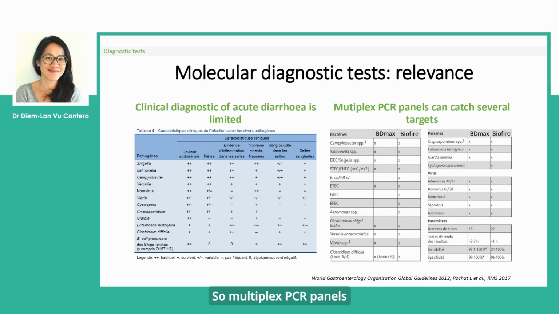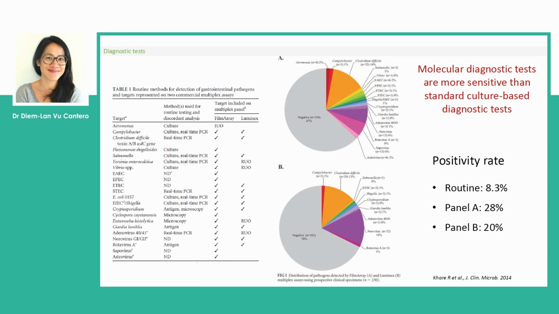So multiplex PCR panels can catch several targets and are very useful for this syndrome. As you know, molecular diagnostic tests are more sensitive than standard culture-based diagnostics. In this study, the positivity rate of culture was about 8% and increased to 20 to 28% using molecular tests.